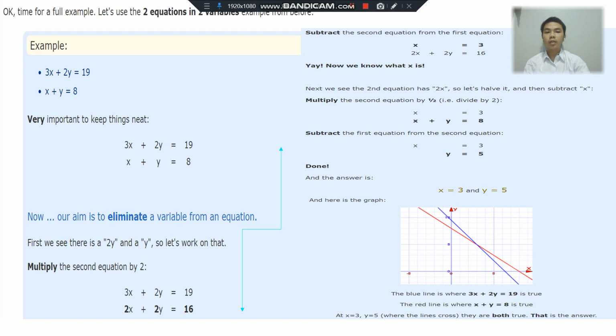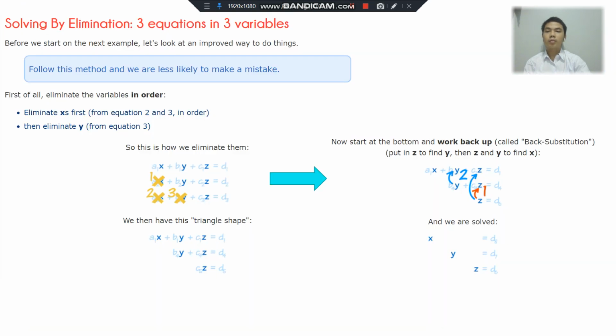This is the example about elimination, the graphic with elimination. Solving by elimination, three equations in three variables. So this is how we eliminate them. This and this and the third this, and we are solved with that.